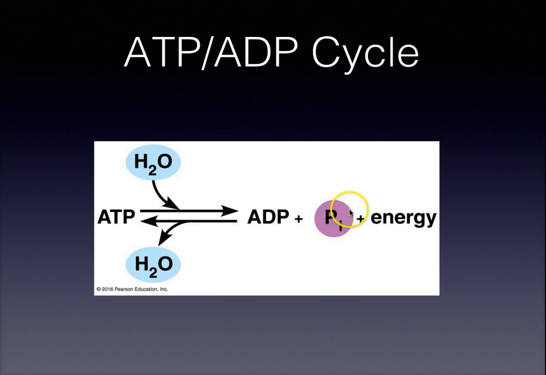Well, what the body can do through a series of reactions, this phosphate group is actually added onto this ADP, and we're able to produce more ATP. This process of forming ATP is called cellular respiration, and we'll talk a lot more about that later on.